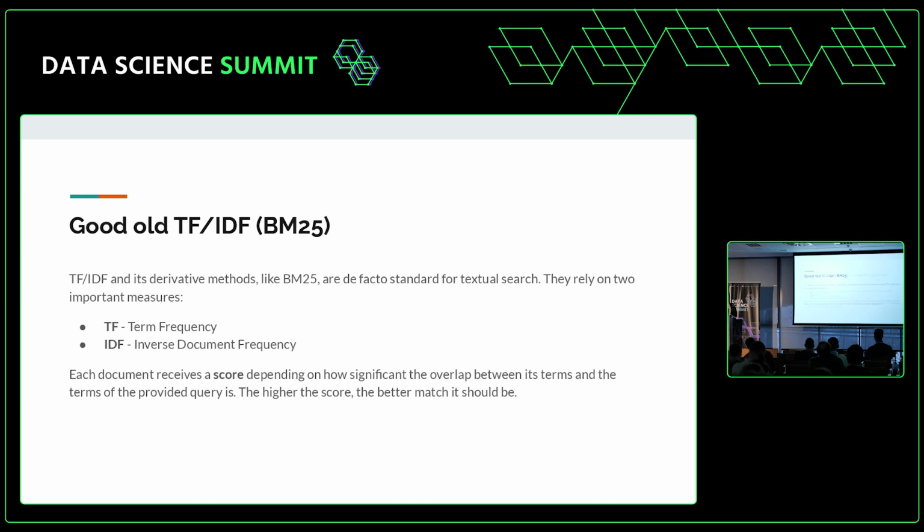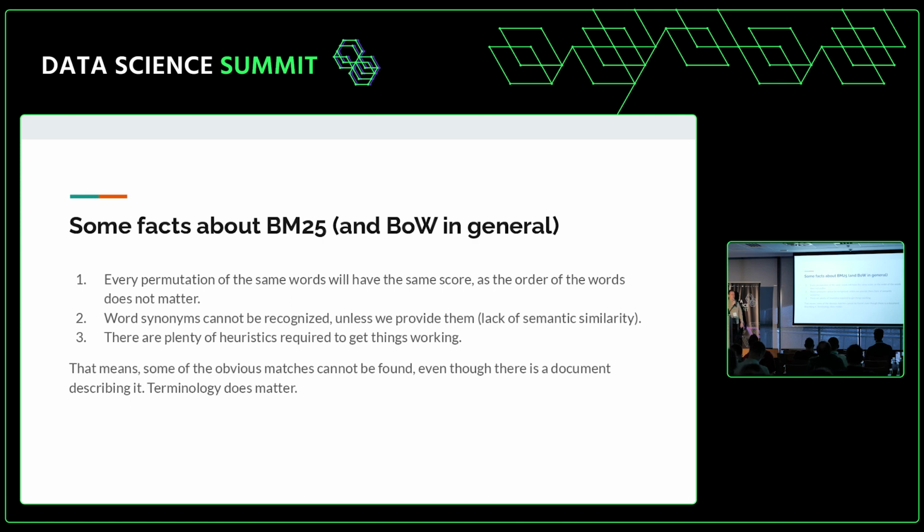But there are some facts about BM25. Every single permutation of a query would have the same representation just because the words are the same. So as a result, it doesn't really matter how we phrase this query, because it will be based on the single words that are used under the hood.